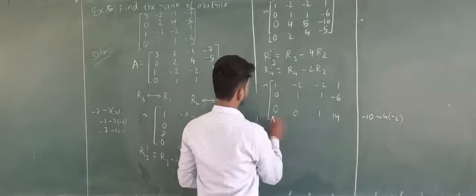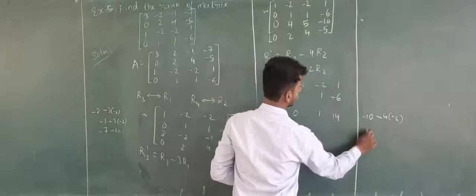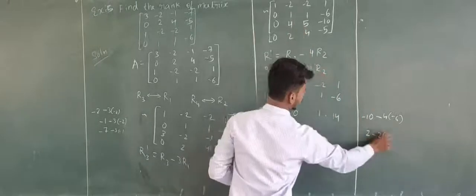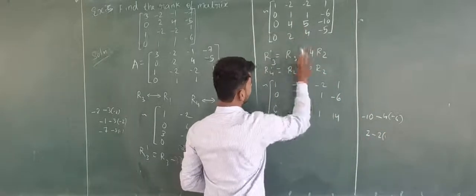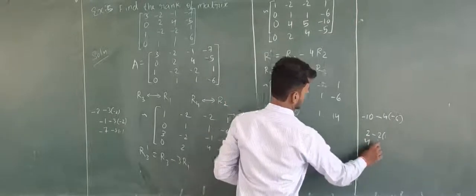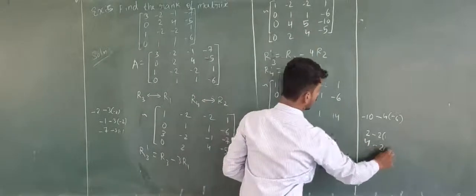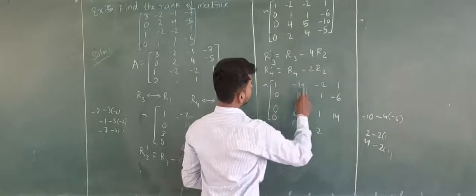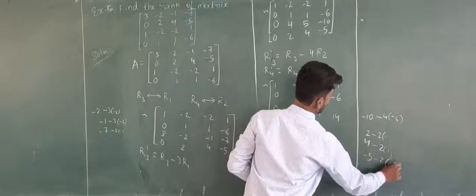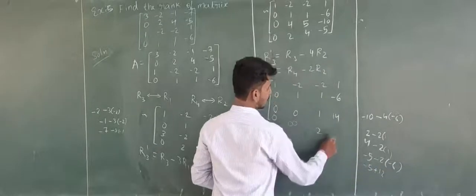Next R4 minus 2 R2: 2 minus 2 into 1, that is 0. Next 4 minus 2 into 1, 4 minus 2 will be 2. Next is -5 minus 2 into minus 6, 2 sixes are 12, that is -5 plus 12 will be 7.